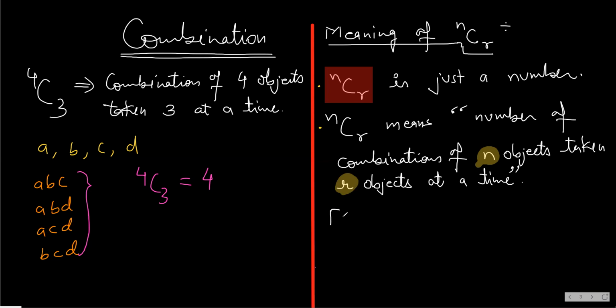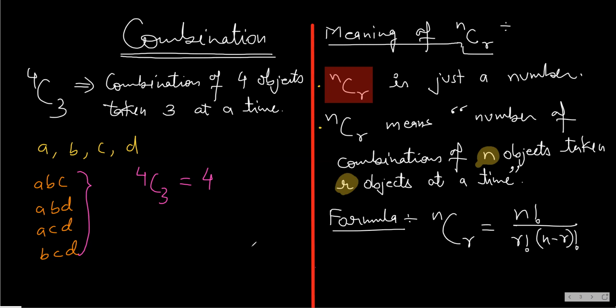Now I write the formula. nCr is equal to n factorial upon r factorial into (n minus r) factorial.